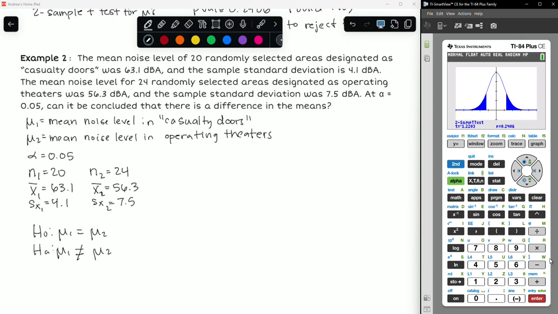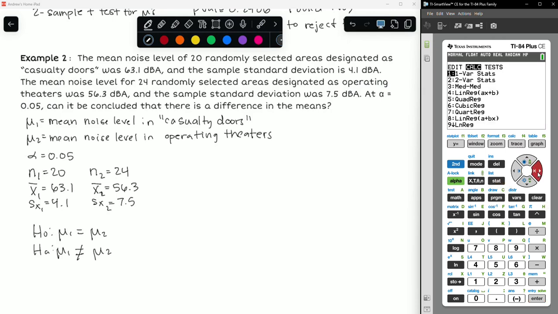And we're going to go ahead and go straight to our calculator. So stat, tests, and this is a 2-sample t-test because I have sample standard deviation and not population values. In this case, I have statistics, so it's going to ask me for something slightly different.